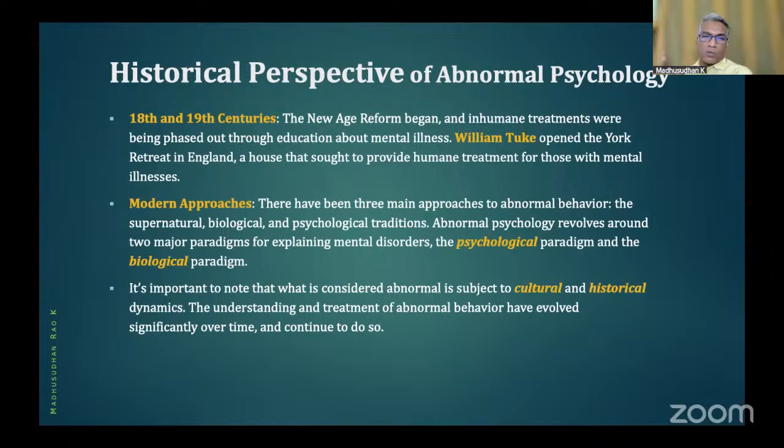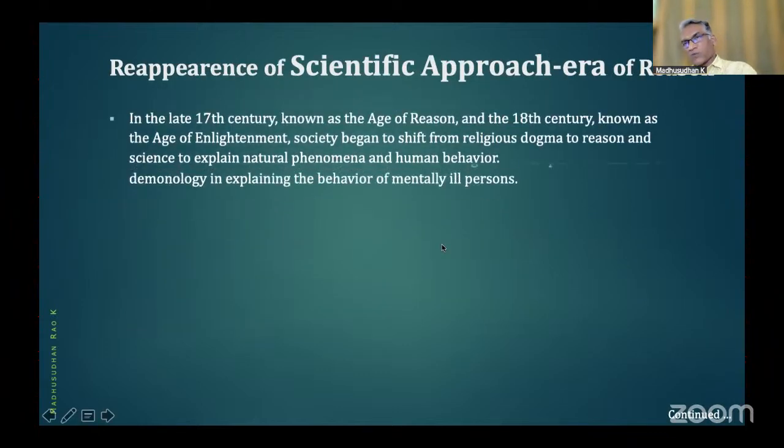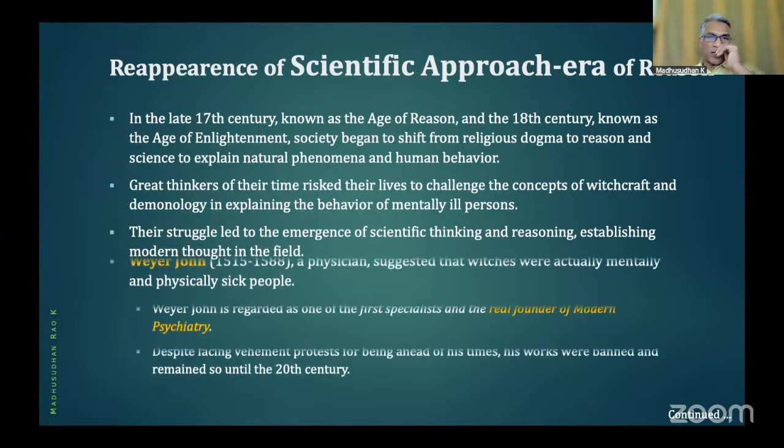Based on these two, the modern approach has been emphasized and focused. It is important to note that what is considered abnormal is subject to cultural and historical dynamics. The understanding and treatment of abnormal behavior has evolved significantly over time and continues to do so. It's a continuous process. That is what it means to say.